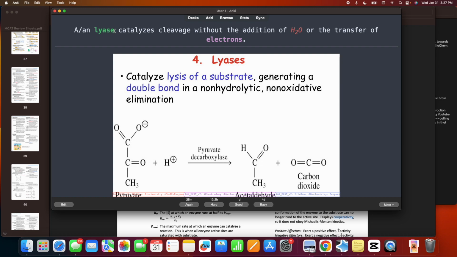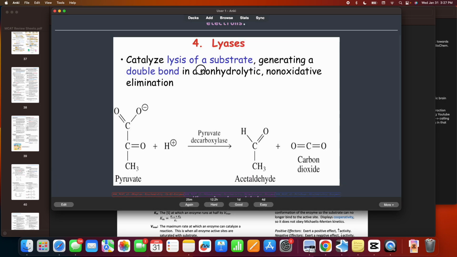Lyase, yes. Lyases catalyze lysis of a substrate, generating a double bond in a non-hydrolytic, non-oxidative elimination. I have no clue; I basically got lost after this part.